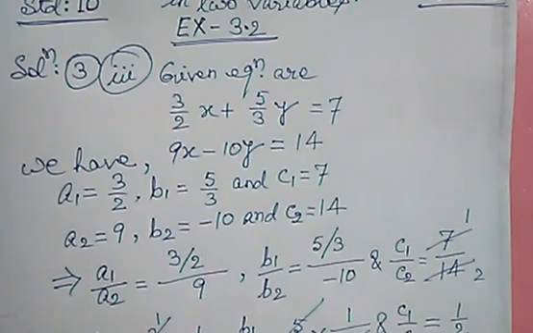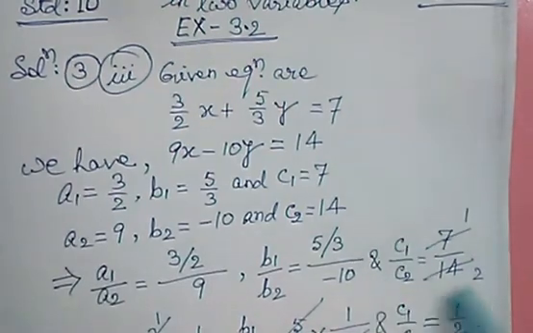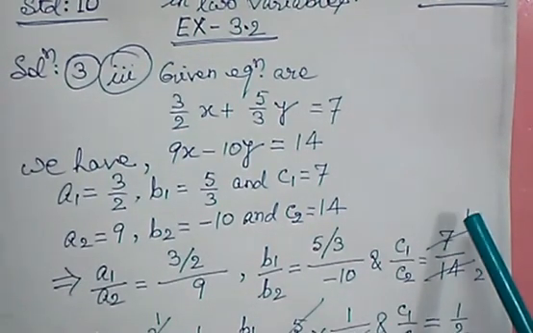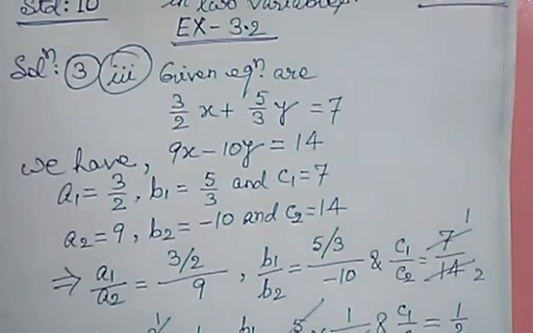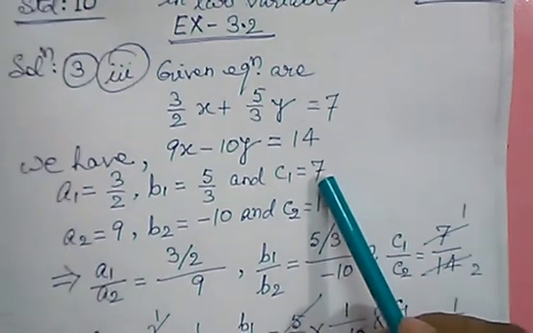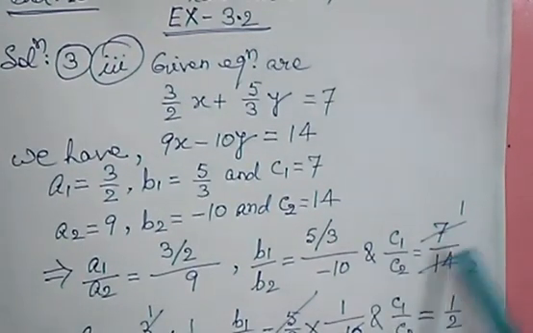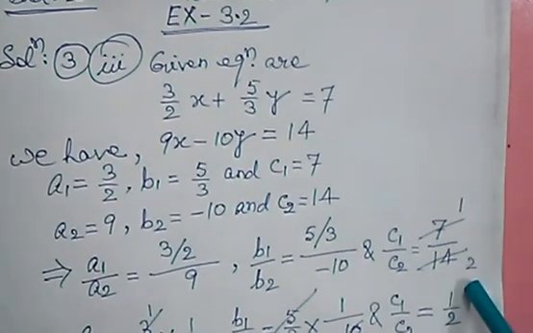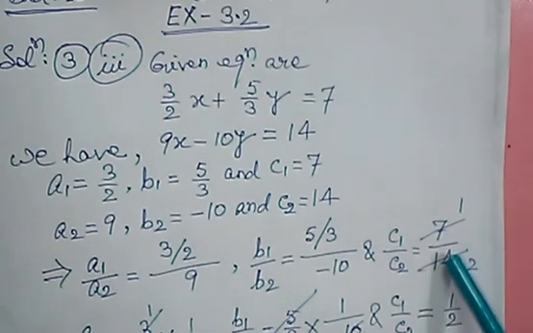Moreover, here we are mainly concerned with the first two values. It is your wish, either you write c1 upon c2 or not, it is not required here, but I have written it. Both places it will be minus, but minus minus cancels, and that's why it is only 1 upon 2. So I have omitted the minus sign.